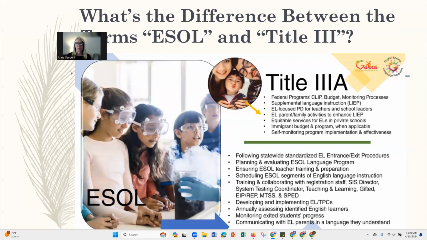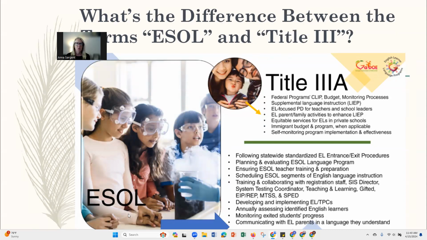As I work with potential teachers, current teachers, administrators, and school districts, I always like to talk about the differences between Title III and ESOL. I'll let you read the differences for yourself. But when we think about these two programs, ESOL is a state requirement, and Title III is federal.